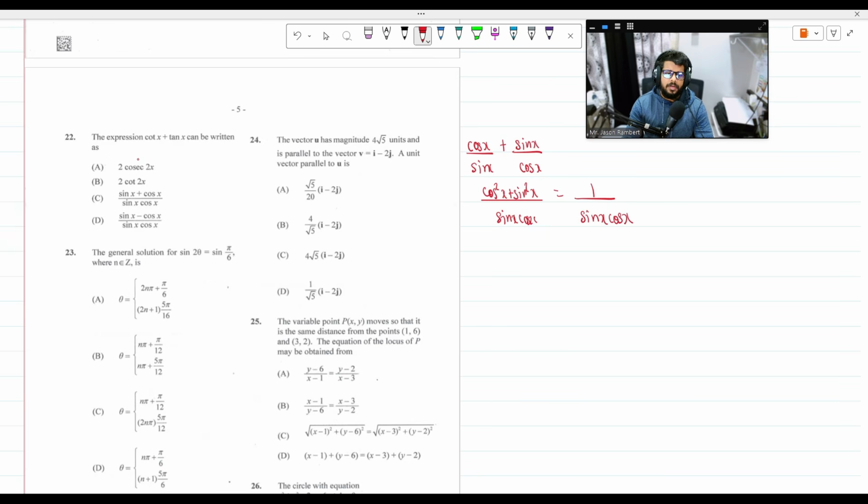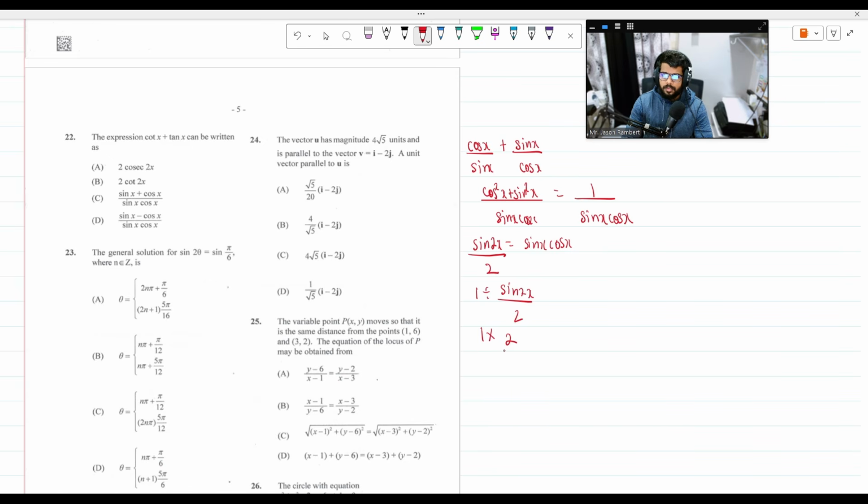None of the answers we have are 1 over sin x cos x, so we'll use the double angle formula: sin 2x is 2 sin x cos x, and sin 2x divided by 2 is going to give me sin x cos x.